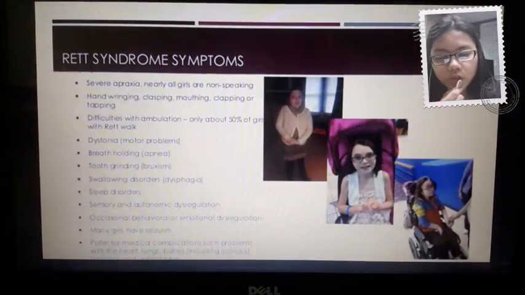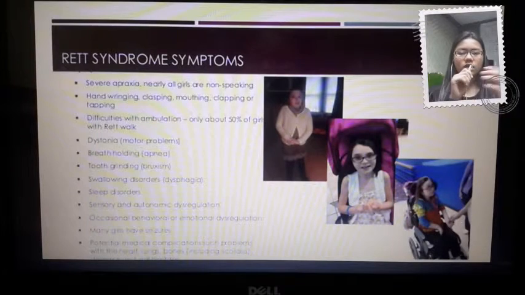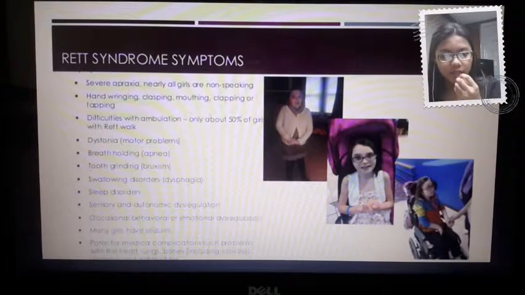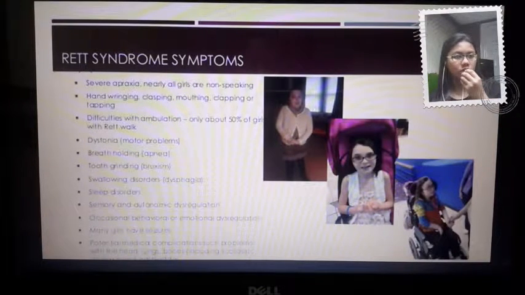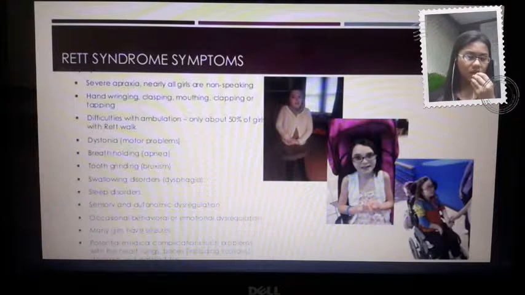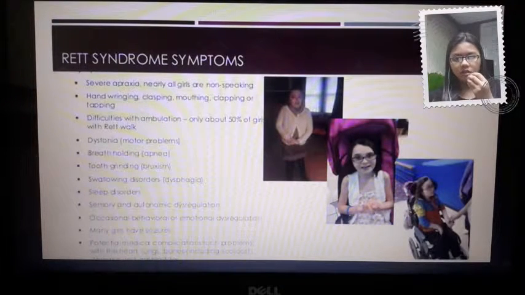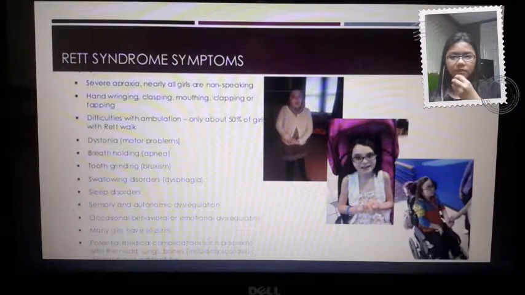One of the X-linked dominant conditions is Rett syndrome. It is like the counterpart of Duchenne muscular dystrophy in males, as you can see here.